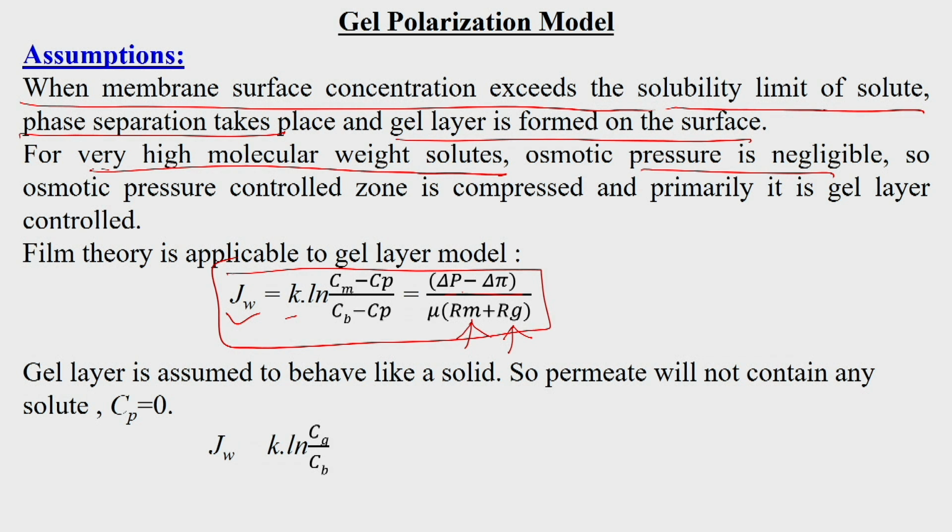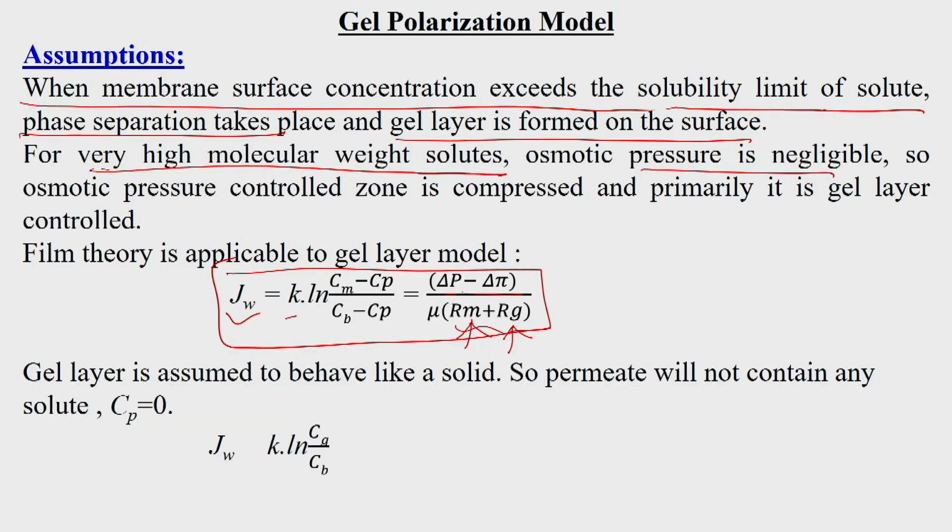Because in the case of these high molecular weight compounds, there is a tendency of gel formation over the membrane surface, and that is why the resistance value increases with time. That Rg is a function of time. The gel layer is assumed to behave like a solid, which is why it gives additional resistance, like membrane resistance, which is the intrinsic property of the membrane.